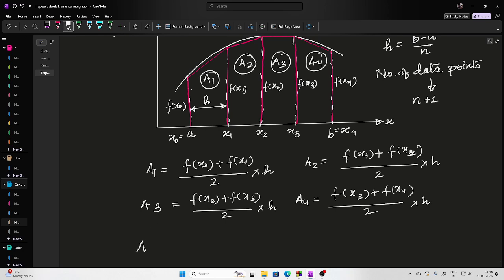The total area will be equal to the sum of all the areas, that is, sigma i equals 1 to n of Ai. What is that? This plus this plus this plus this.